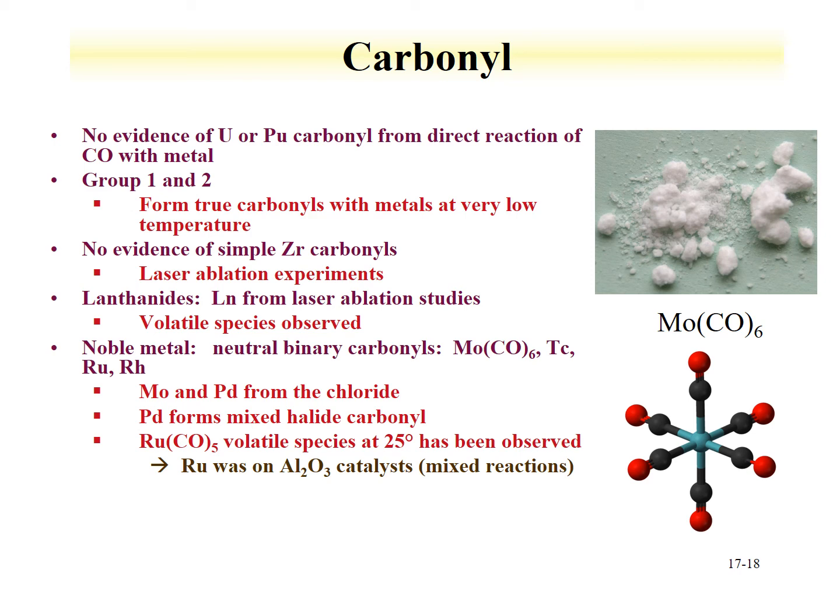There seems to be no evidence of zirconium carbonyls. Lanthanide carbonyls have been observed from laser ablation studies, and volatile species have been formed, but it's unclear whether or not these compounds would form from the metals with the direct carbonyls. And as an example with molybdenum, other metals such as technetium, ruthenium, rhodium could form directly from the carbonyls.